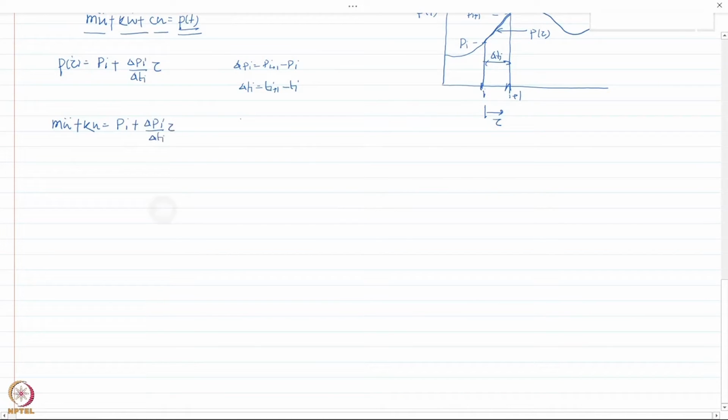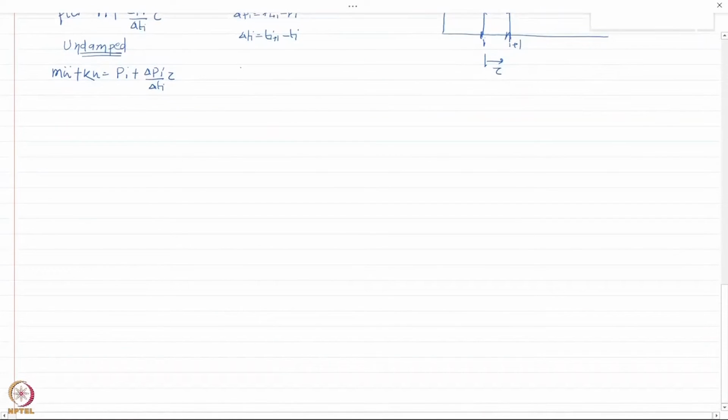I'm first considering an undamped system, but the same procedure can be extended to a damped system. This equation of motion is subject to initial conditions. Remember, tau starts at time i, so the initial conditions are u of i and the velocity u dot of i, provided at the start of the variable tau.